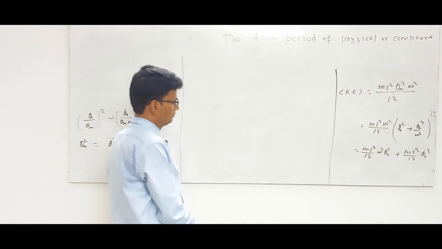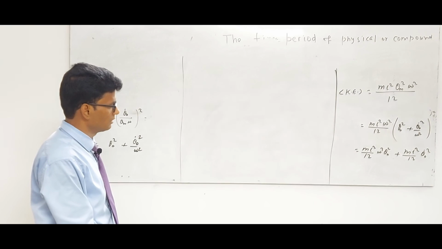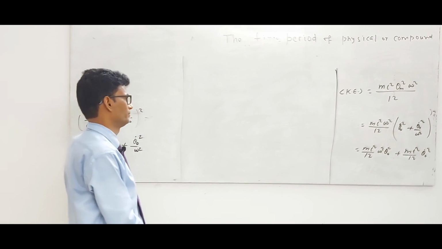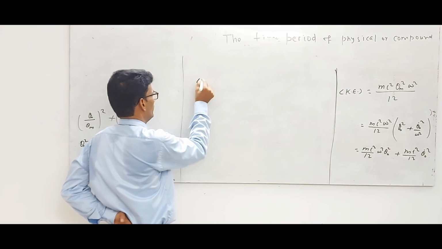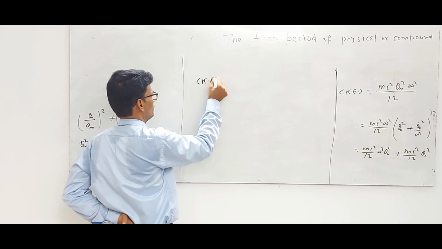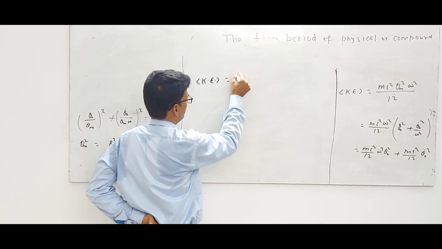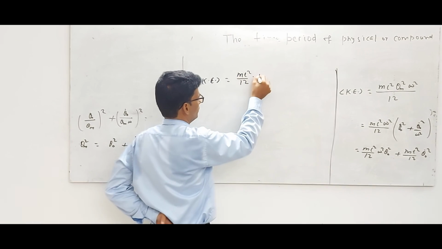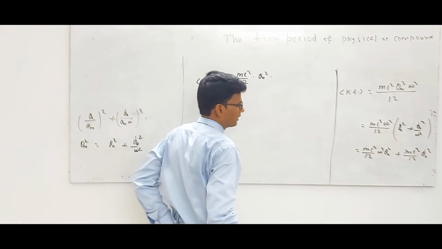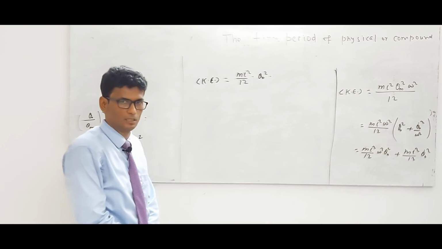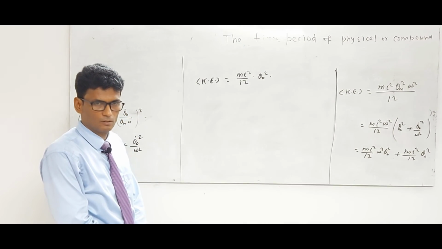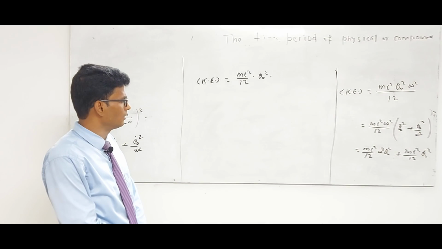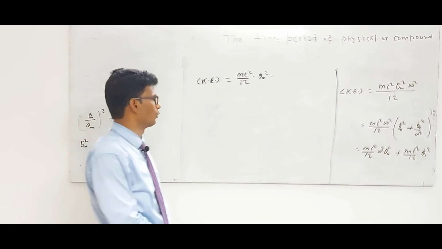But we want to get the answer after putting omega. So average kinetic energy comes out to be ml square over 12 theta naught square, omega is under root 3g over 2a, or might be say under root 6g by 4a.